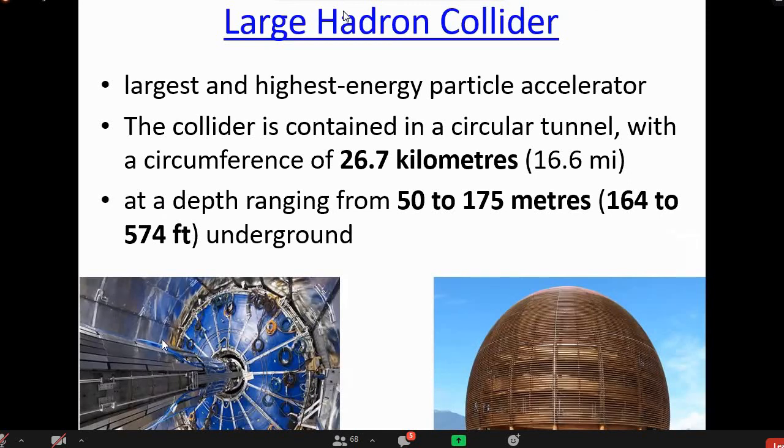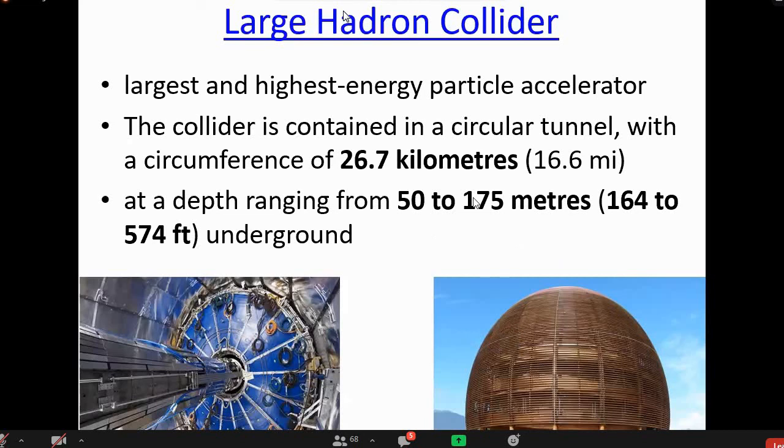You can just go and Google it. It is the highest energy particle accelerator, and it has a huge circular tunnel with a circumference of 26.7 kilometers. So you can well imagine, and it is at a depth ranging from 50 to 175 meters underground.